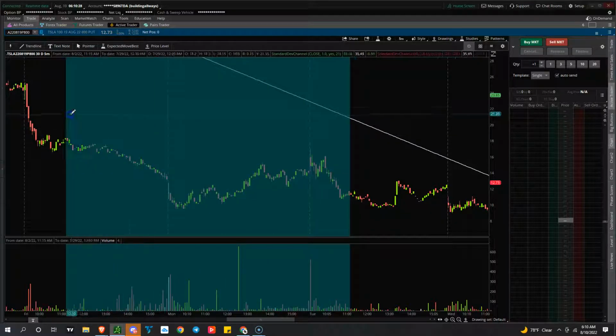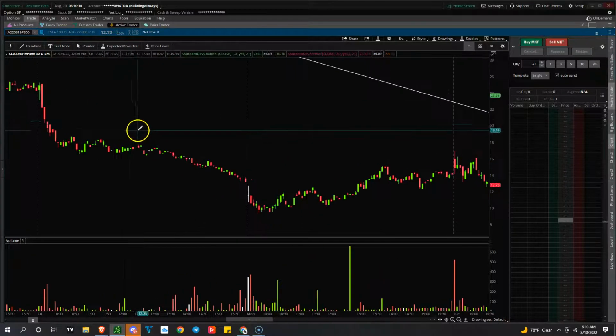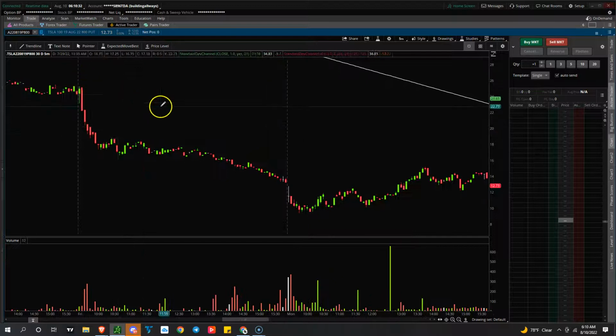All right, just so you guys can see. So we're going to start here. Now with supply zones, we are looking for a bullish candle. What I care about, whether it's supply or demand, is the body of the candles. I'm looking for the open price and the close price, not the wicks. That's a big difference here. So the opening price is going to be your supply level on a bullish candle.